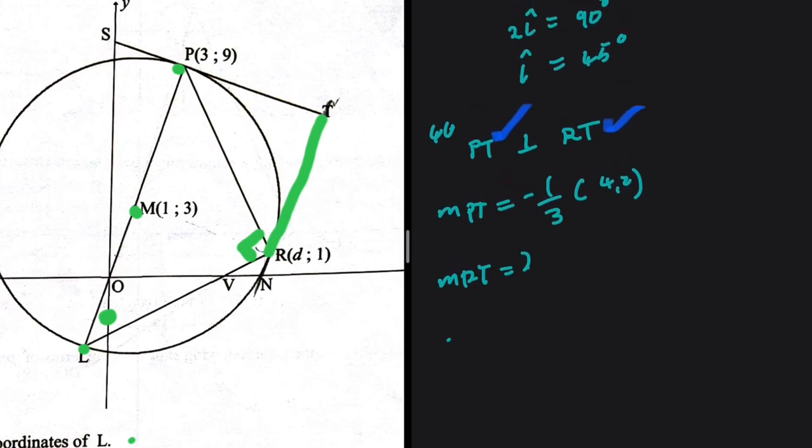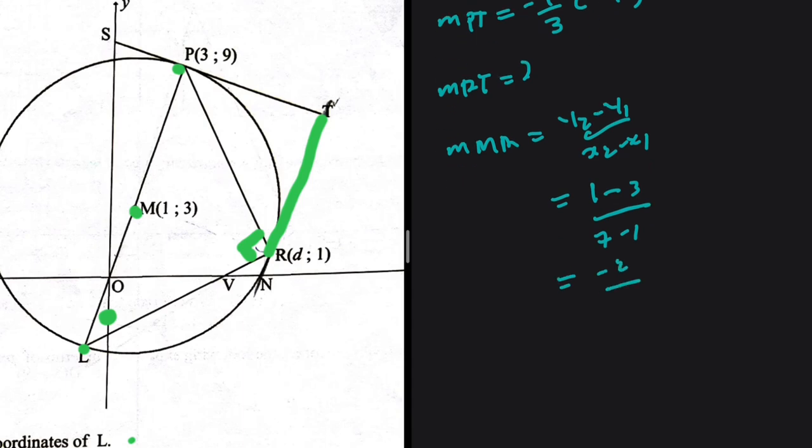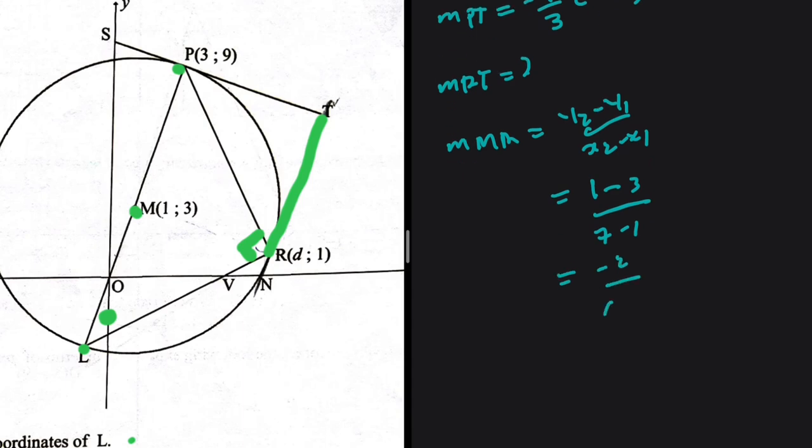So the gradient of MR is equal to y2 minus y1 divided by x2 minus x1. What is y2? Let's take the coordinates of R. Y is 1, so y2 is 1, y1 should be 3. And then the x coordinate of R is 7, so we have 7 minus 1. So this is minus 2 divided by 6, which is equal to minus 1 over 3.